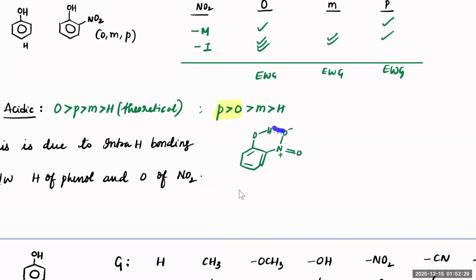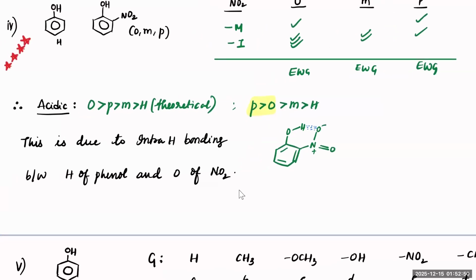Now due to this attraction of hydrogen, it becomes challenging to remove this H plus away. That's why it shows intramolecular hydrogen bonding, which affects its acidic strength. That's why we expect that ortho should be more acidic, but here para will be more.